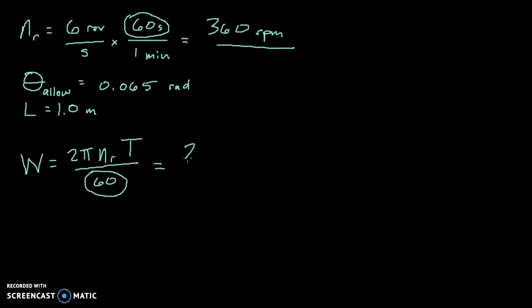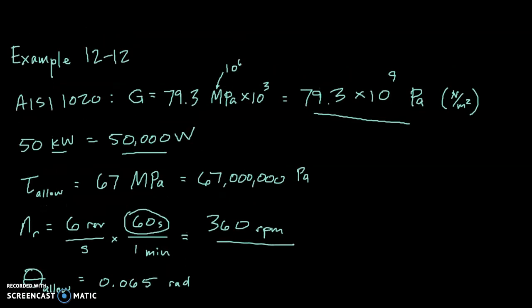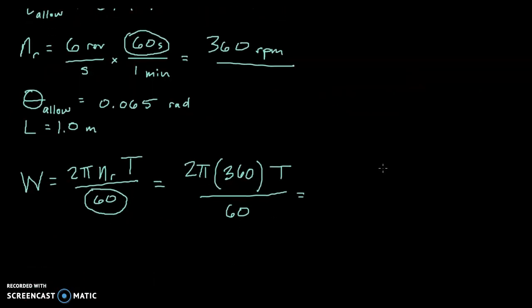So this is going to be equal to 2 pi times 360 times our torque, which is unknown, divided by 60 equals our power, which was 50,000 watts. Let's go back down here. Okay, and this is equal to 50,000 watts.